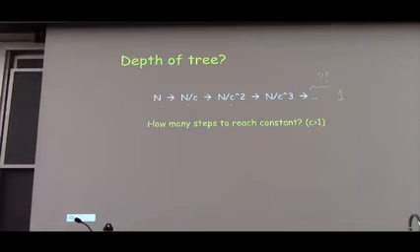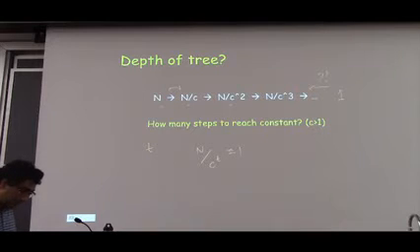It turns out to be exactly log n to the base c, and the reason for that is easy. Suppose you take t steps. Then the value you have at the end of t steps is n divided by c to the t, because here it's n, here it's n over c to the 1, here it's n over c to the 2, and so on. You want this to be equal to 1.